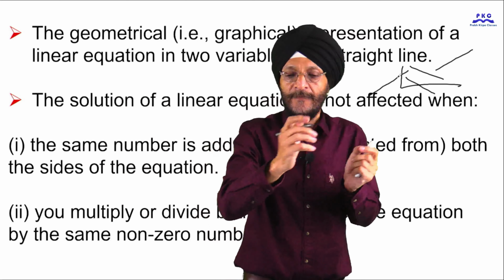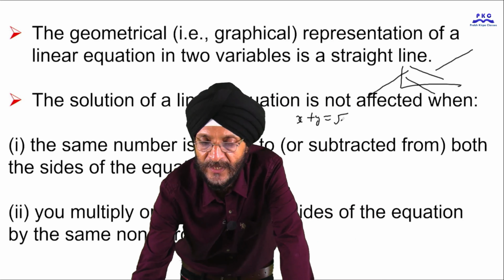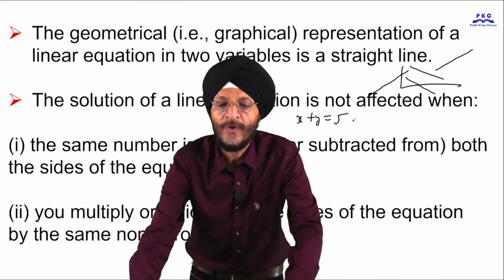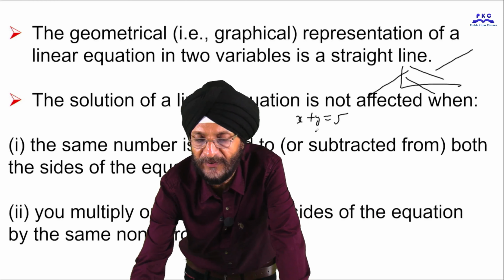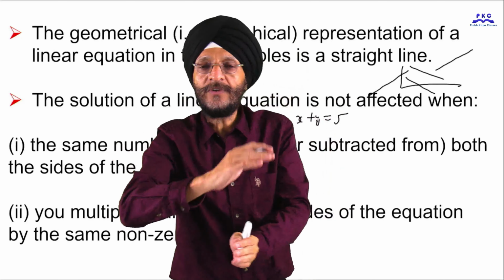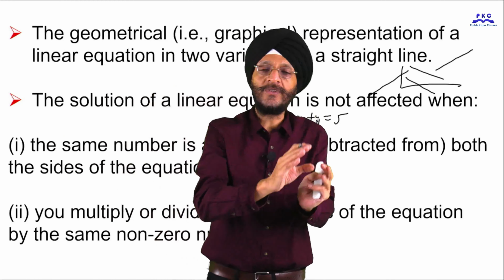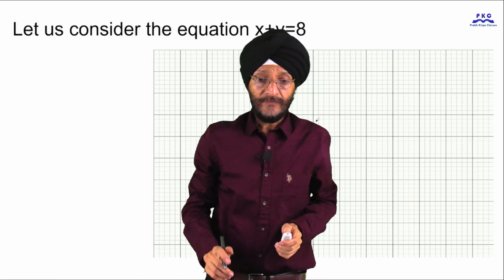That is, if this equation is, say, x plus y is equal to 5, if we add 5 on both sides, or divide both sides by 5, or deduct 5 from both sides, or multiply 5 on both sides, it will have no effect on the linear equation.